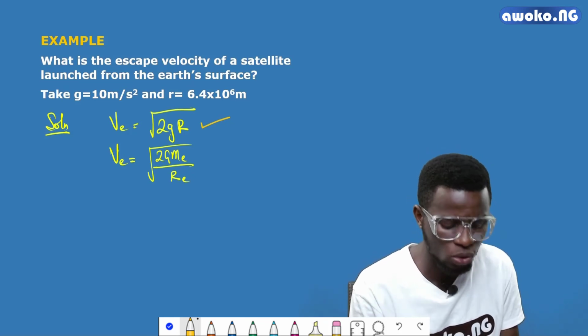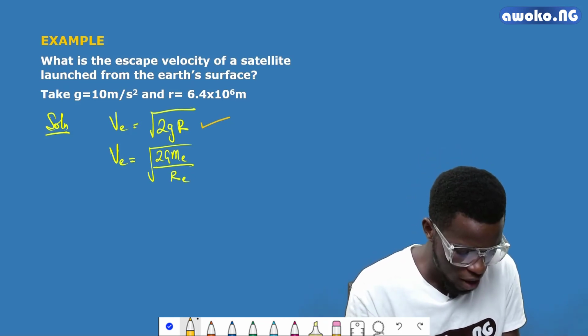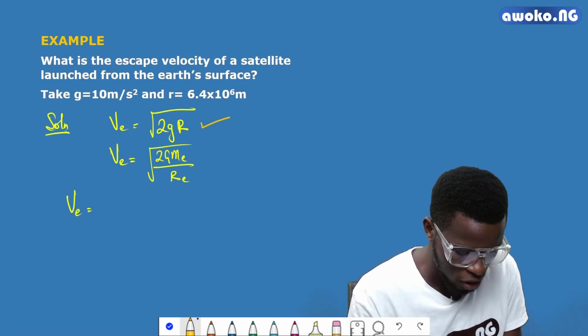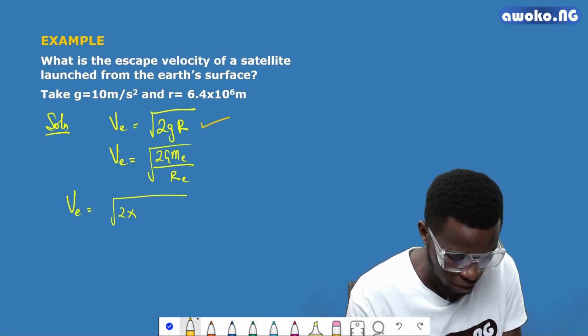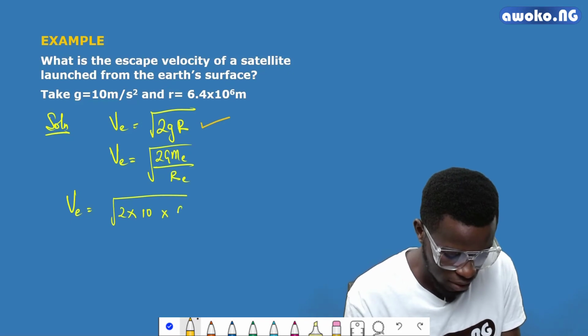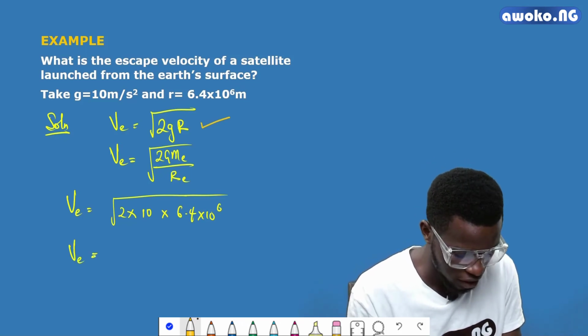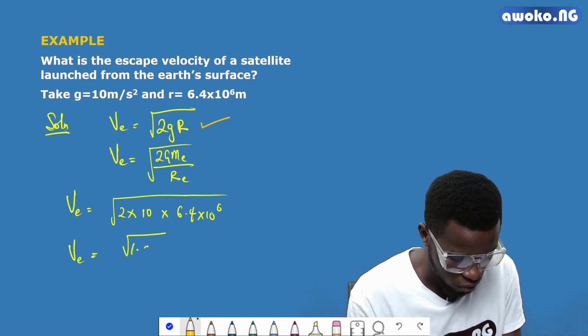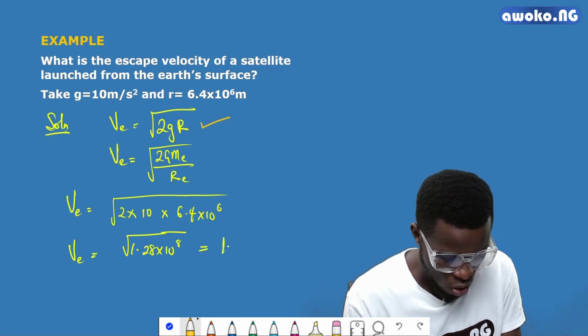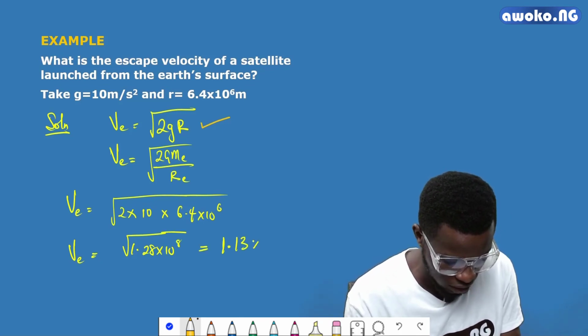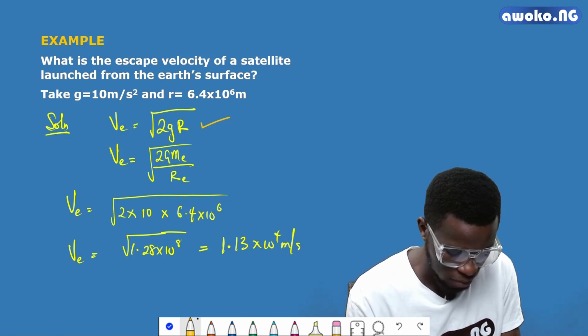Therefore, if we substitute the values into the equation, we have that our VE will be equal to the square root of 2 times 10 times 6.4 times 10 to the power 6. And if we solve this, you will realize that VE is equal to the square root of 1.28 times 10 to the power 8, and then this simplifies to 1.13 times 10 to the power 4 meters per second.